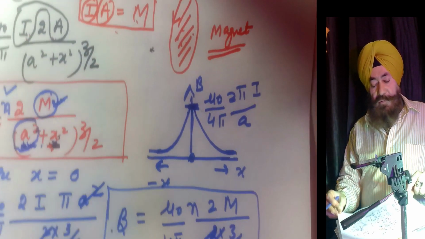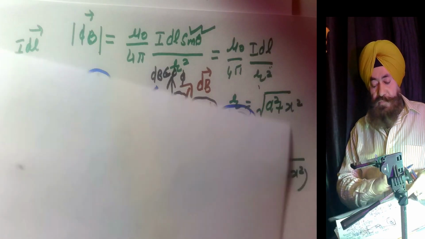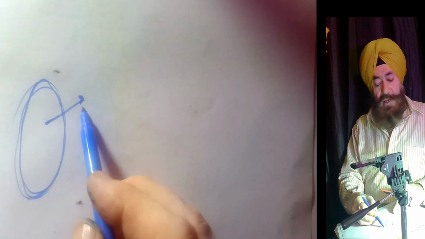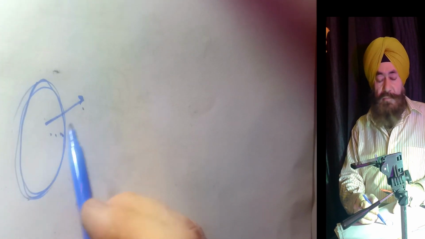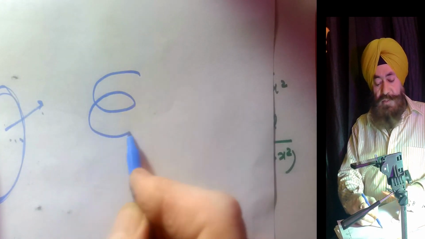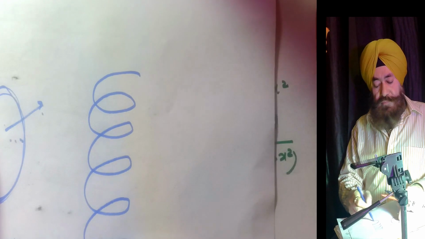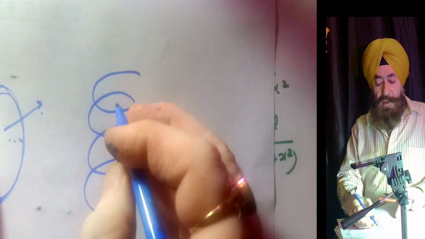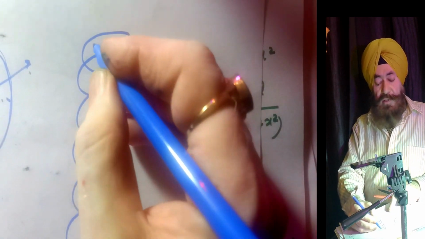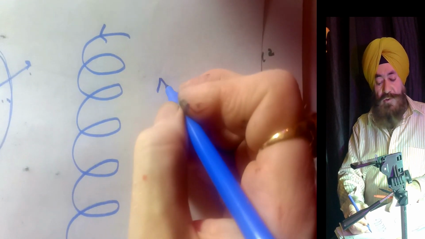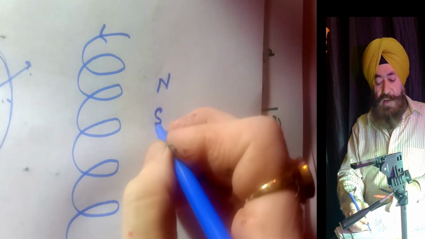So remember one thing: if you are having a loop and current is flowing, then it exactly behaves like a magnet. If this is a coil and current is flowing, then one end behaves like a north pole and the other end behaves like a south pole.